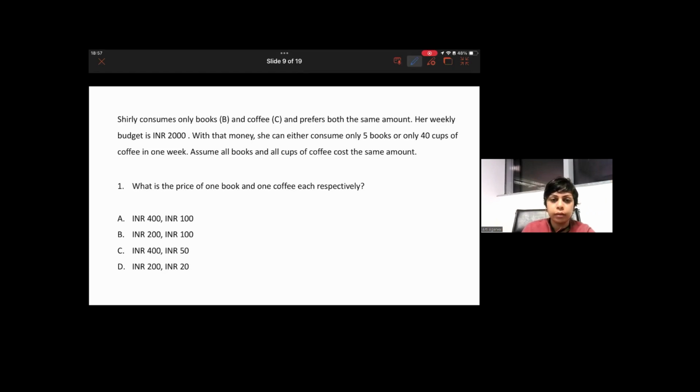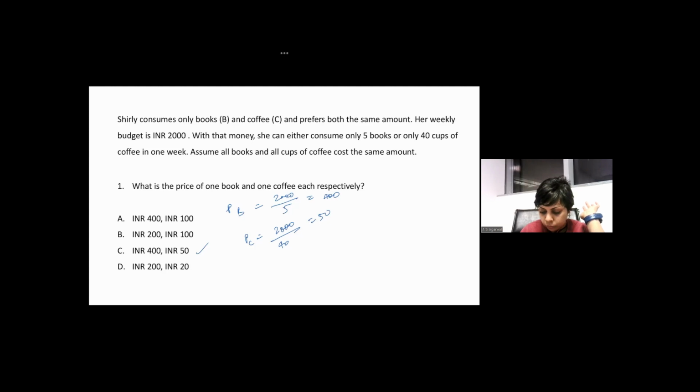Either she can buy 5 books with 2000 rupees or she can buy 40 cups, which means if she spends the entire amount only on books, PB, let's call this, is equal to 2000 by 5, which is 400, and PC is 2000 by 40, so it is 50. So this is the correct answer. It's a simple question, but just making sure that everybody has got it right.